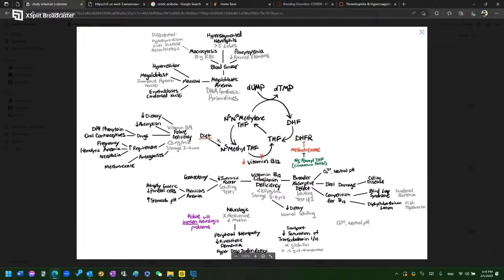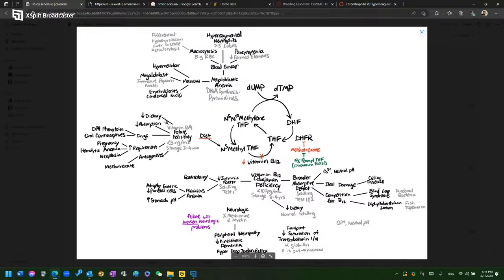the diet and the folate portion of all of this. So folate, also known as vitamin B9, and the storage is not as good as it is for B12.